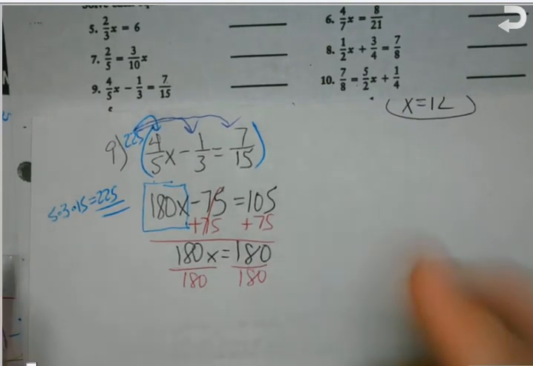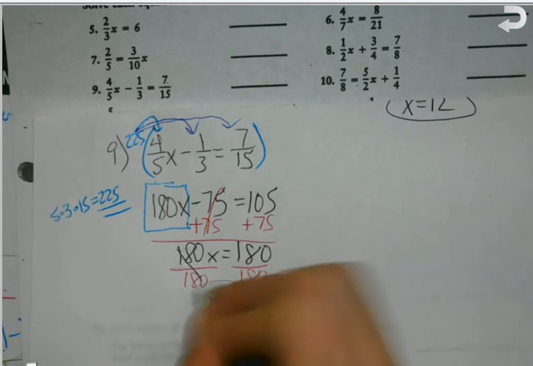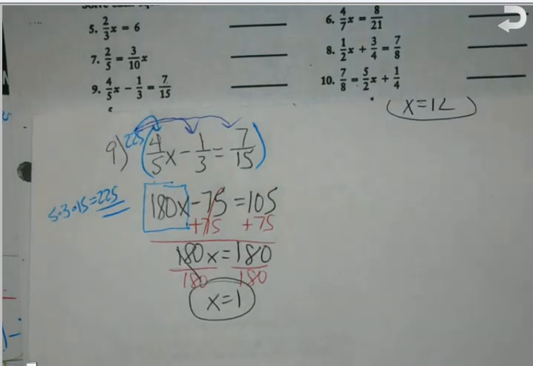And it equals 1. So don't let the big numbers mess with you. We still can get this done. Nothing too terribly awful. All right, let's find one more here to play with.